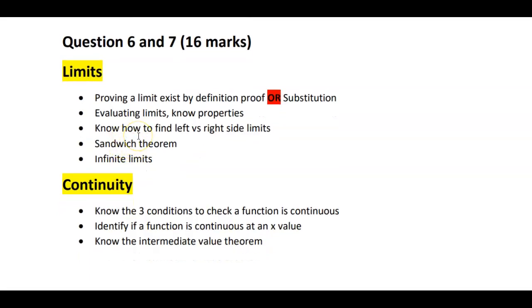Then know how to find the left versus right hand limits. I told you that's important because this is very important for evaluating limits. Remember, if the left hand side limit is not equal to the right hand side limit, then the limit does not exist. Also, anytime you get limits such as a fraction, and in the fraction the denominator has an x, most of the time that's not going to have any limits.